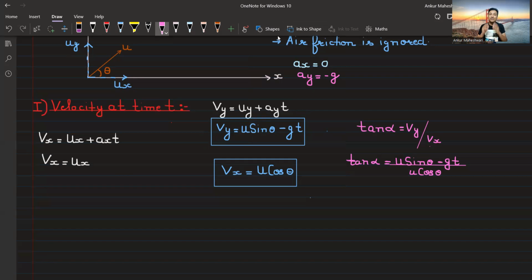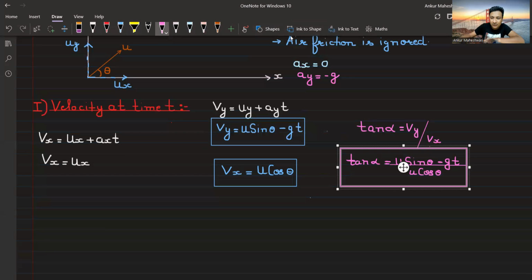All right, I have substituted the values of Vy and Vx. So tan alpha is u sine theta minus gt upon u cos theta. So this is my first point, the velocity at a certain time t.